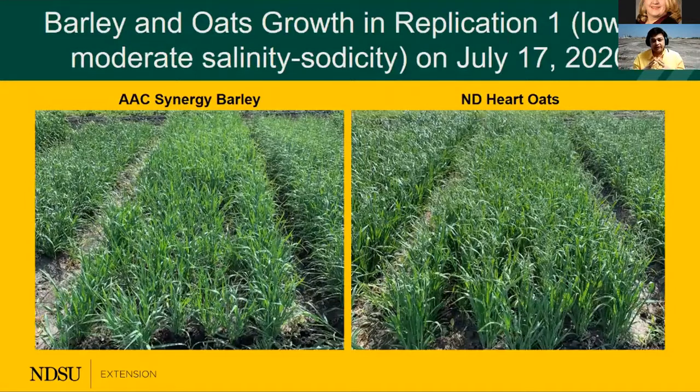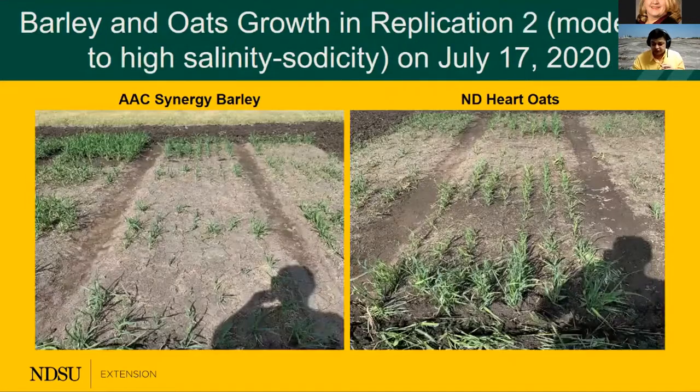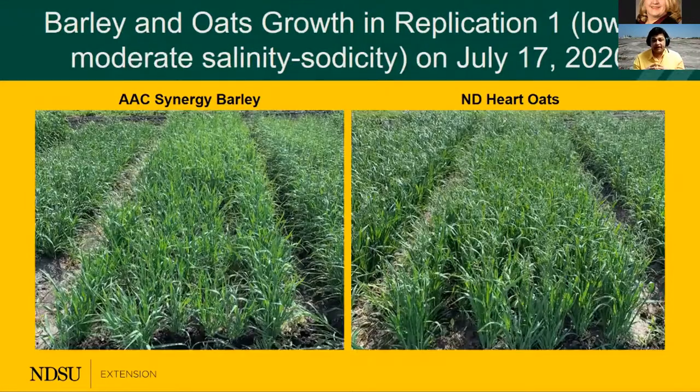I also want to quickly show you a few pictures of a trial we had in 2020. So often we get the question, what are the most salt tolerant annual crops? Barley, oats, and sugar beets could be your best bet on problem areas with high salt and sodicity levels. So what we did, we planted 4 barley varieties, 4 oat varieties at our research center at 3 different levels of salinity and sodicity.